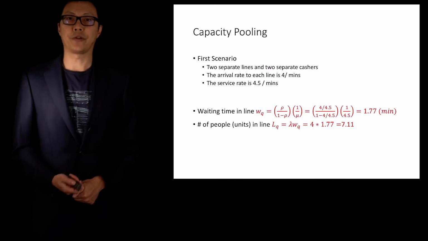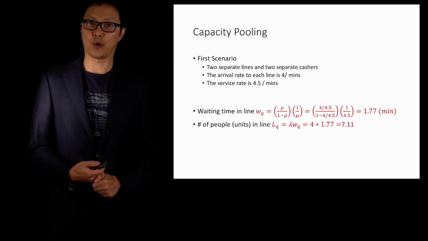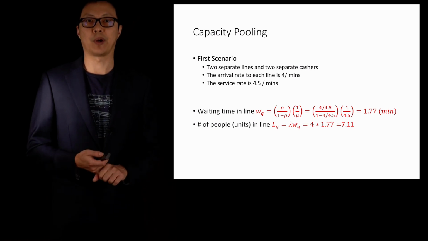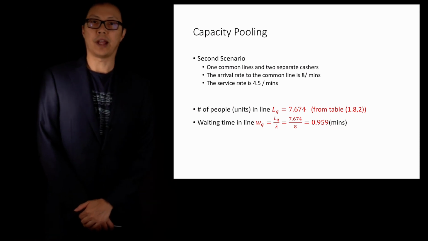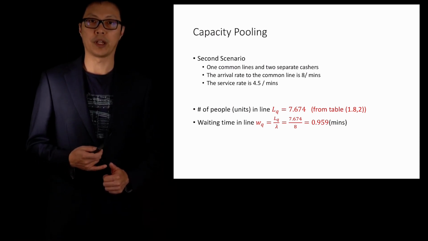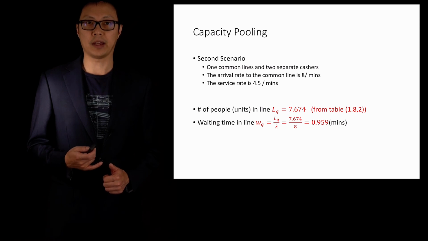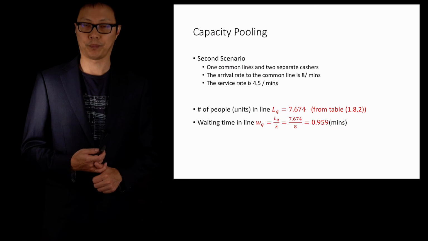In the first scenario, we can use Model 1 formulations and get the waiting time equal to 1.77 minutes and the number of people in line equal to 7.11. In the second scenario, we use the Model 3 formulations and the table to get the waiting time equal to 0.959 and the number of people in line equal to 7.674.